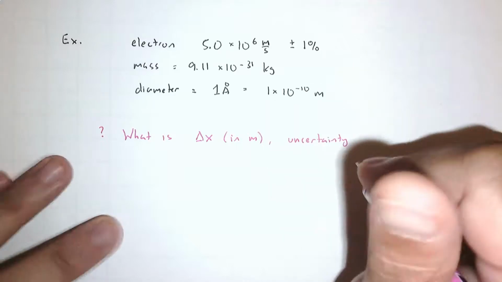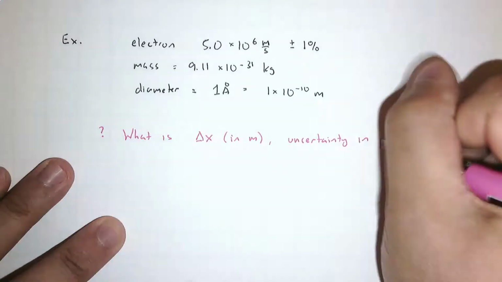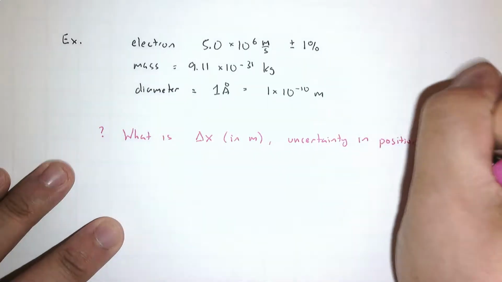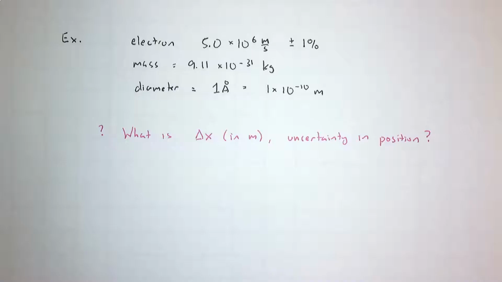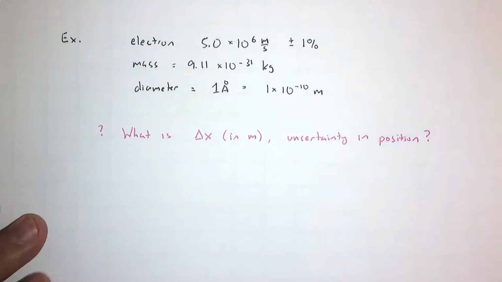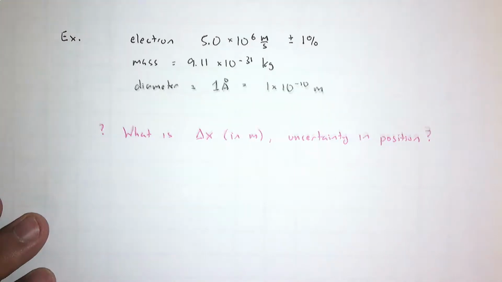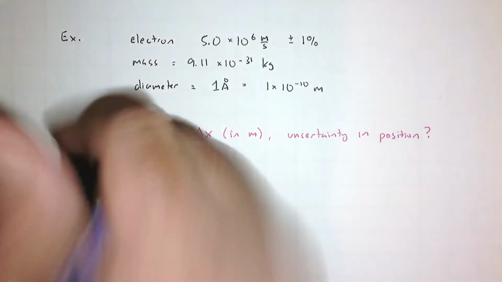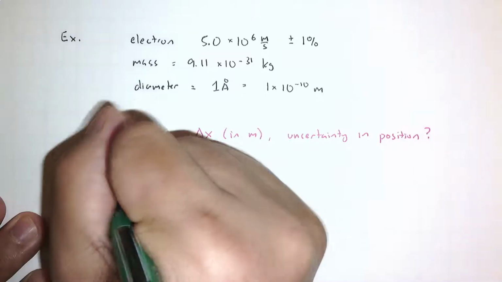What is the uncertainty in position? Not only is it an odd question, the answer also is a little bit odd in terms of its format, but we'll work this out together. Okay, the first idea is that, well, let's make sure we know the equation first.